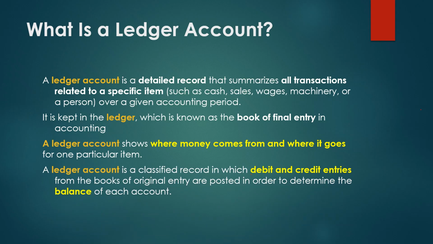Right. A ledger account can also be defined in a formal way as a classified record in which debit and credit entries from the books of original entry are posted in order to determine the balance of each account. So this is how we can define a ledger account in a formal way.